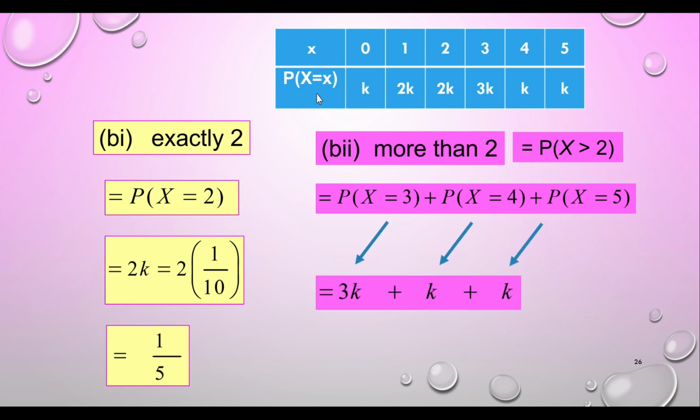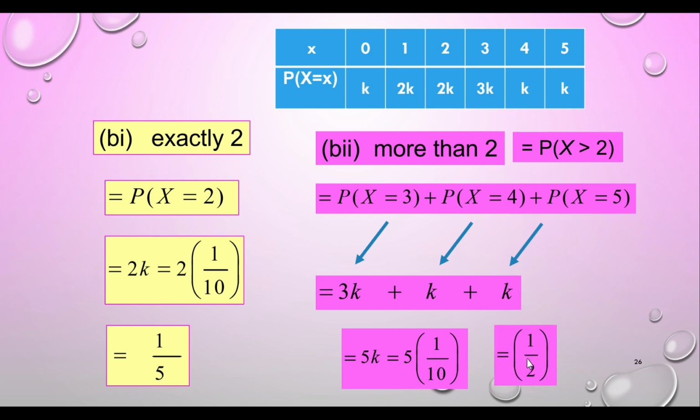From the table, we have 3k plus k plus k, and we get 5k. We substitute k equal 1 over 10, hence the probability of x more than 2 is 1 over 2.